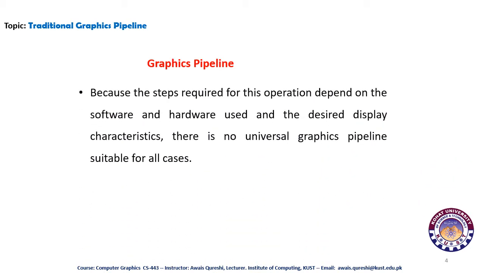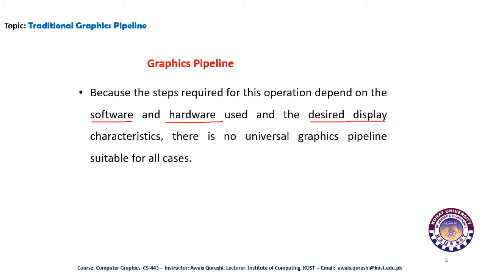The steps required for this operation depend on the software and hardware used and the desired display characteristics. So these steps need to be performed in sequence, and they depend on the software configurations or the hardware, which here refers to the graphics card, and the desired display characteristics, 2D or 3D.